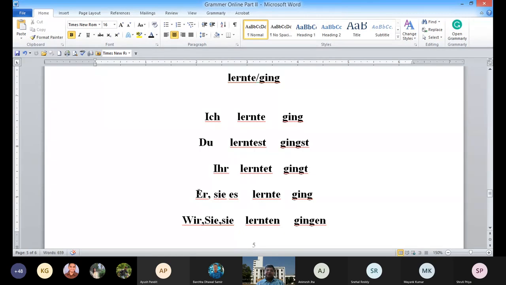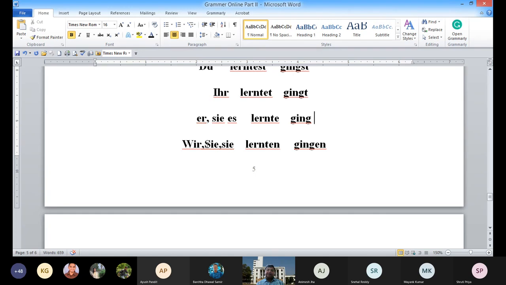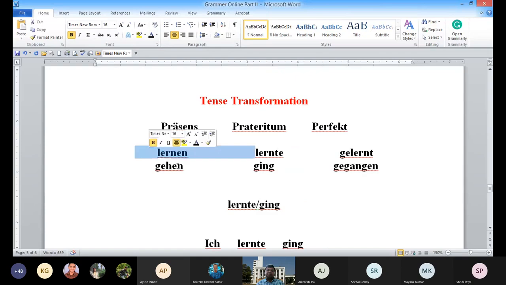Er, sie, es, this form and this form, the first person and third person have a similar form. All three have the same form, just like ich lernte and er lernte, the same form. First person singular and third person singular have the same form. And plural, like wir and sie, will have an en ending like this one.